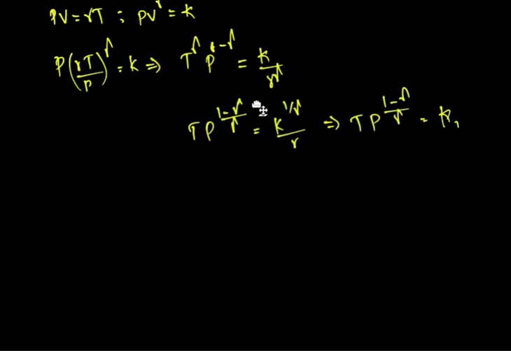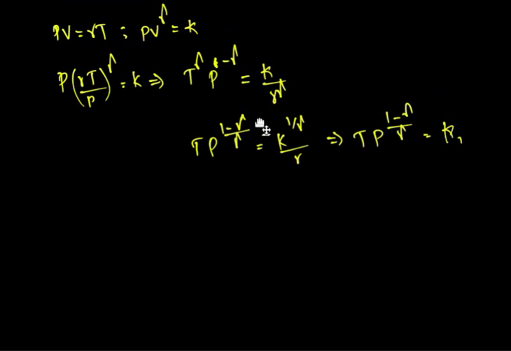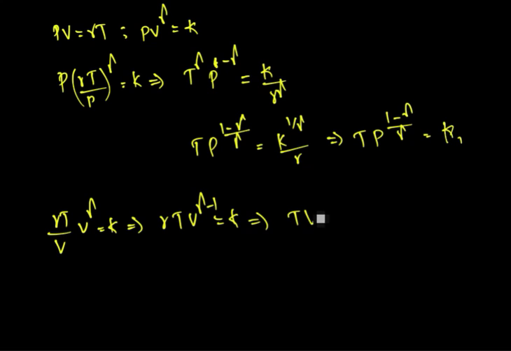Now if you consider another substitution, here we have made a substitution for V. If you make a substitution for P, instead of P we have RT by V into V raised to gamma is equal to a constant, which implies RT V raised to gamma minus 1 is a constant, which implies T V raised to gamma minus 1 is equal to K by R, which is another constant K2.